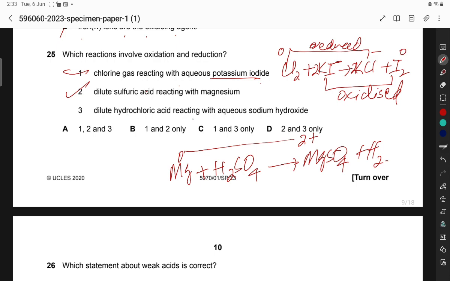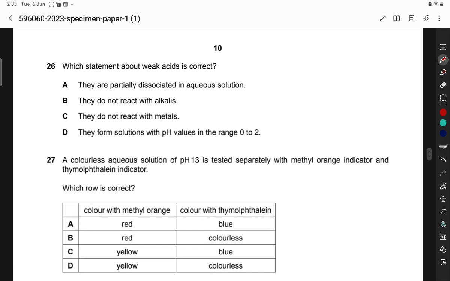Dilute hydrochloric acid reacting with aqueous sodium hydroxide. This is neutralization reaction. Neutralization reaction is not redox, to form NaCl plus water. So this is not redox. All types of neutralization reactions are not redox. This is incorrect. So B option is correct, 1 and 2.